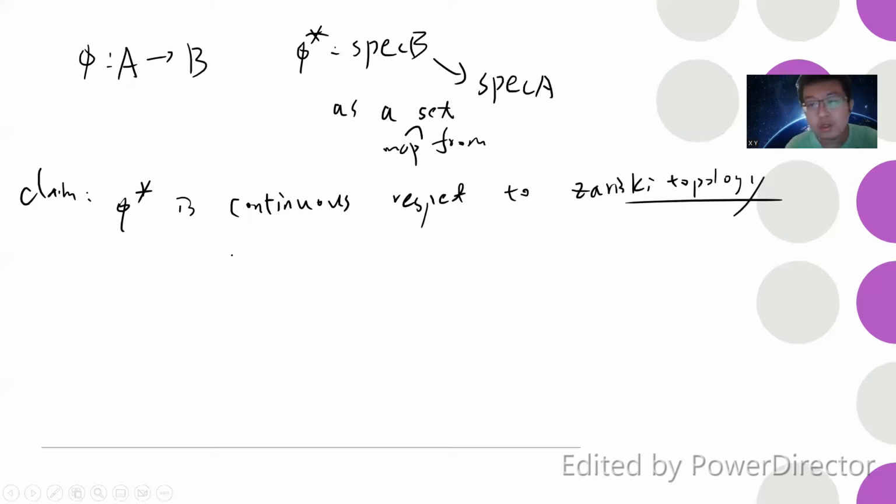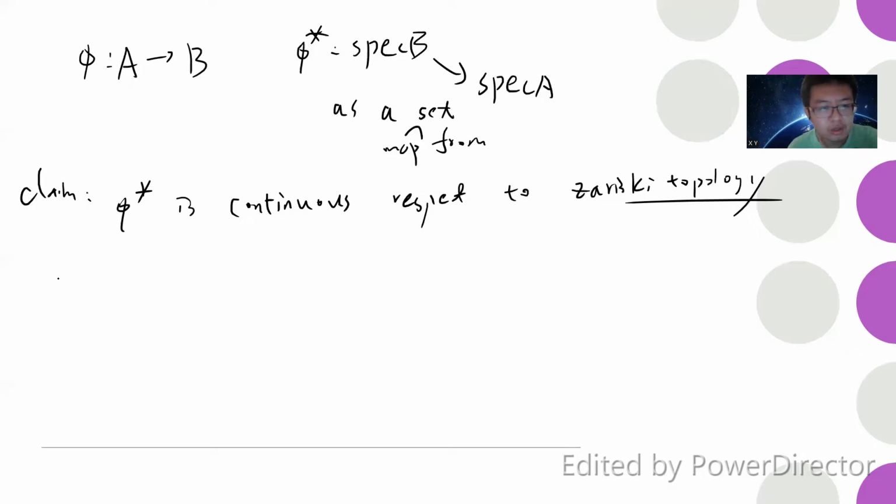This is not difficult, but you just have to write down every detail. In order to prove it's continuous in the Zariski topology, we want to take a closed set, pull it back, and prove that it's closed.